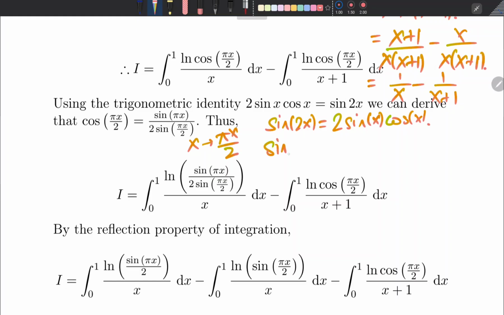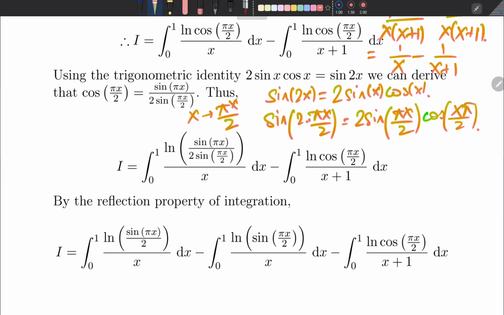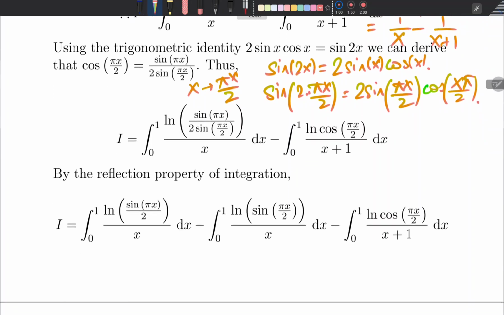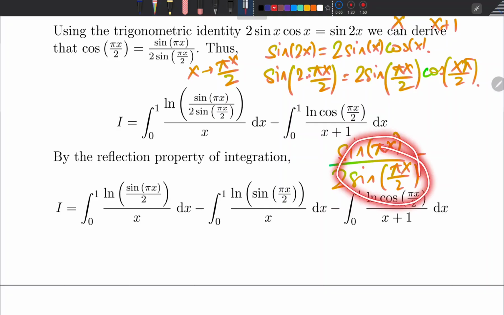So we have sine of 2 times pi x over 2 equals 2 times sine of pi x over 2 cosine of pi x over 2. And isolating cosine of pi x over 2, that's going to give us sine of pi x over 2 times sine of pi x over 2. So that's what is written over there.